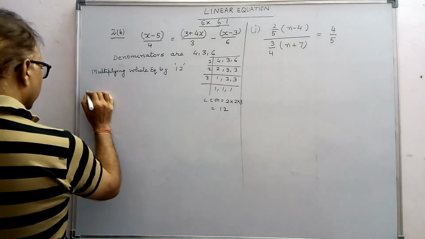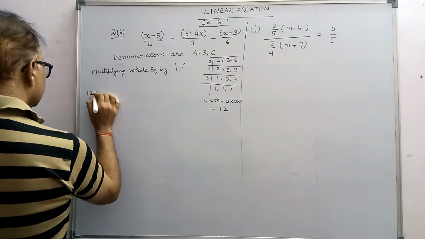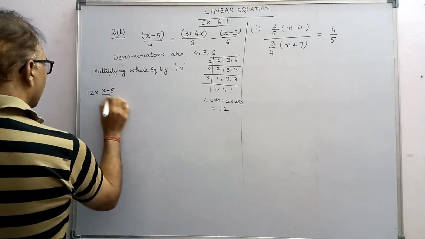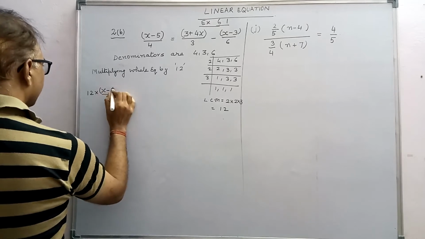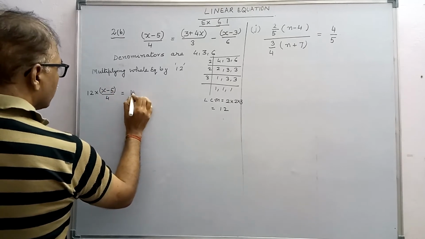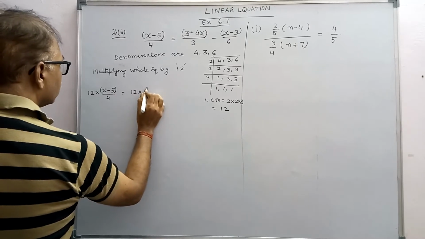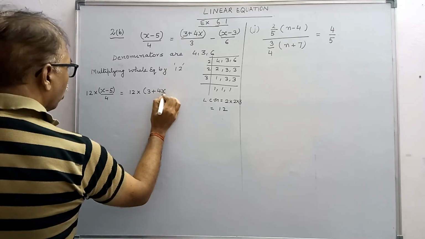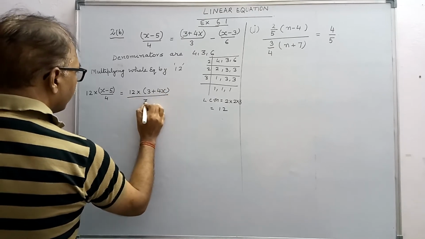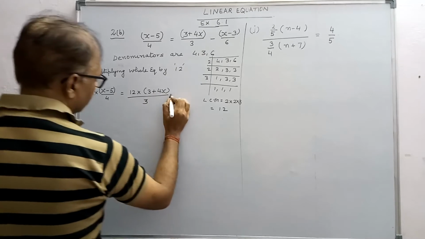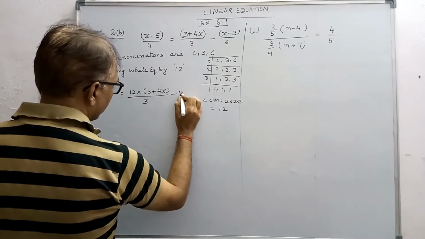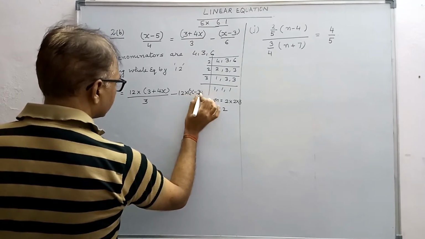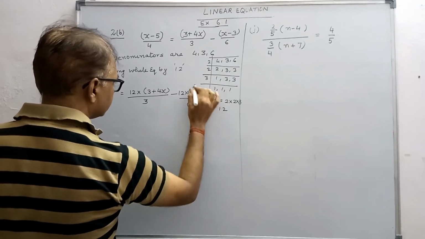So when you multiply the whole equation by 12, you see 12 into x minus 5 upon 4 is equal to 12 into 3 plus 4x upon 3 minus 12 into x minus 3 upon 6.